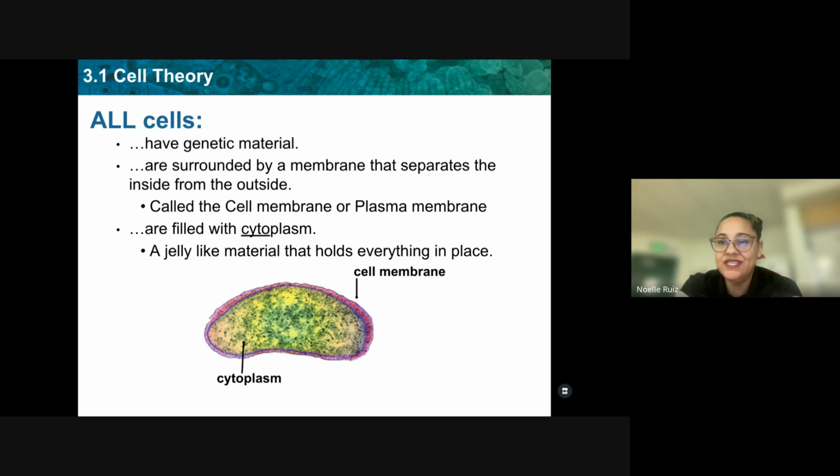I don't know if you've ever eaten a Jell-O salad, where you make the Jell-O salad and then you pour the fruit into it and the fruit is just kind of stuck in the Jell-O. That's what our cytoplasm is. It's the Jell-O that holds all of our little structures in place. It's semi-Jell-O. It's fluid, but not as fluid as water. It's a little thicker than that.